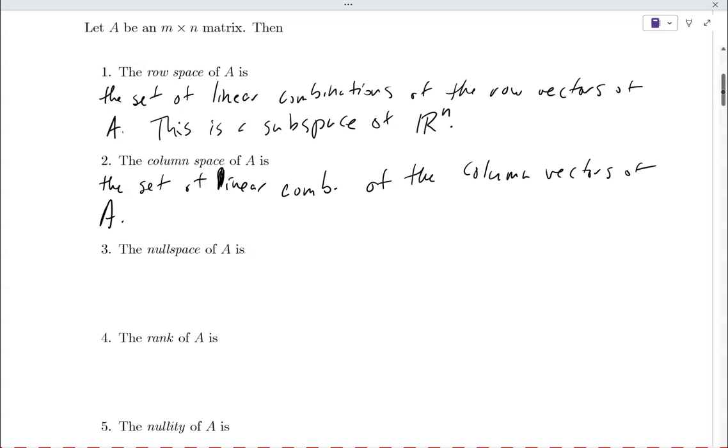Where does this one live? Rm, right? Because column vectors are going to go down the rows, so each of them will have M components. So this will be a subspace of Rm.